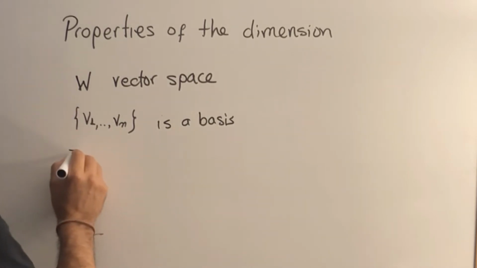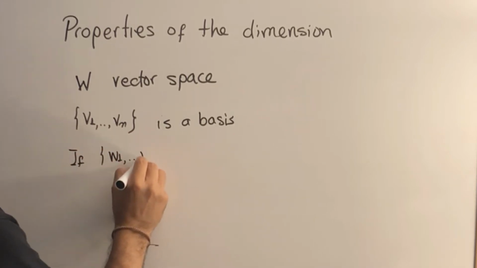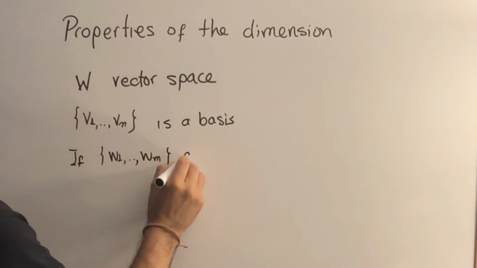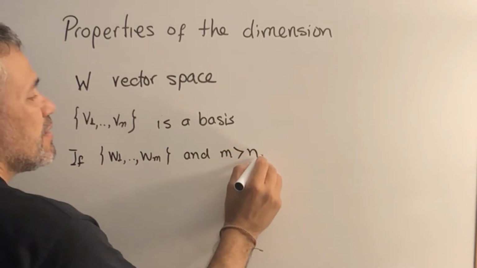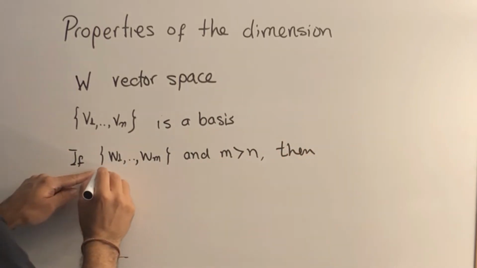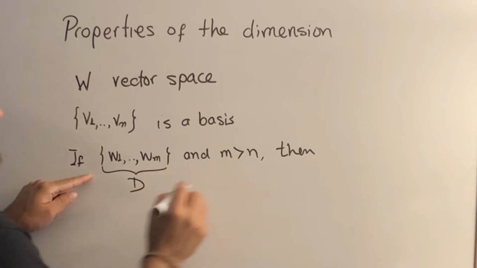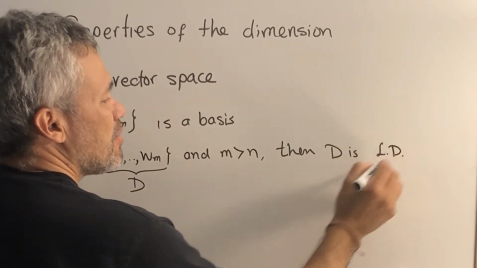Then if we have some other vectors, W1, ..., Wm, and m is greater than n, then this set, let's call this set D, D is linearly dependent.